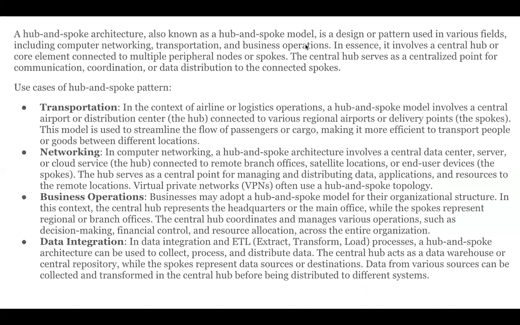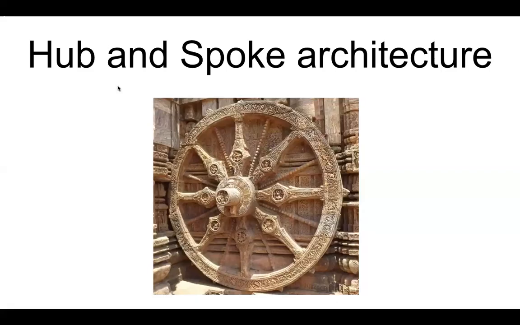It is hub and spoke, a design pattern. It is used in different fields of networking. Basically, as you can see in the previous picture, this picture depicts the entire hub and spoke architecture. So at the center, you will have a central API server or a central receiver or whatever it is.